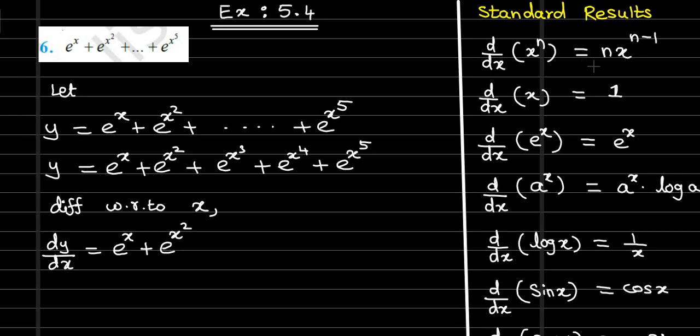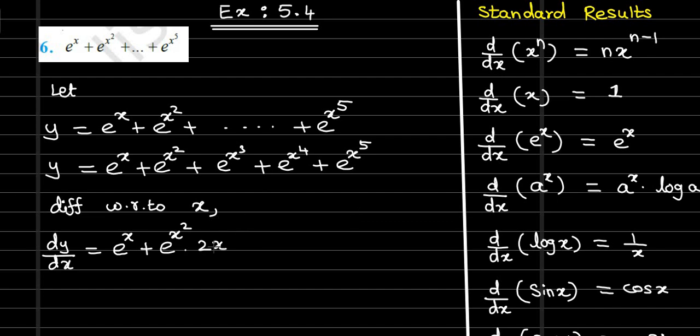As per this formula, the power we have to bring as a coefficient, then we need to reduce 1 from the power. Here what is the power? x square, no? So we bring the power as a coefficient, and then reduce 1 from the power. So 2 minus 1, which is 1, we need not write. Always in the chain rule, after differentiating every part, we need to write it in the product form.